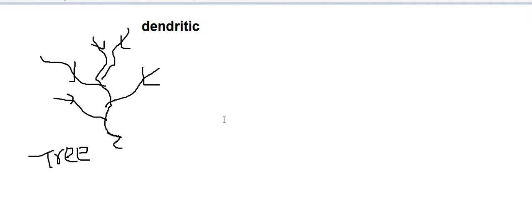Okay, so this is the dendritic pattern. One example is the Ganga River. Ganga River is forming this dendritic pattern.